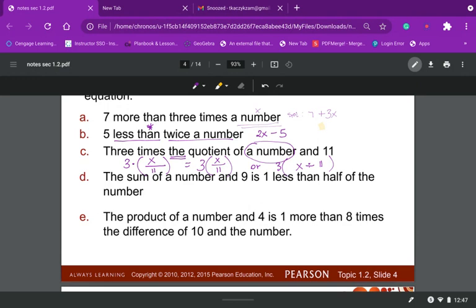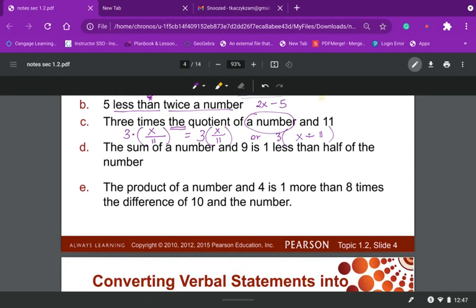Okay, next one. We have the sum of a number and 9 is 1 less than half of a number. Here we're talking about the sum, so the major operation is plus. So we have addition of a number, x, because I don't know that number, and 9, so I have x plus 9.